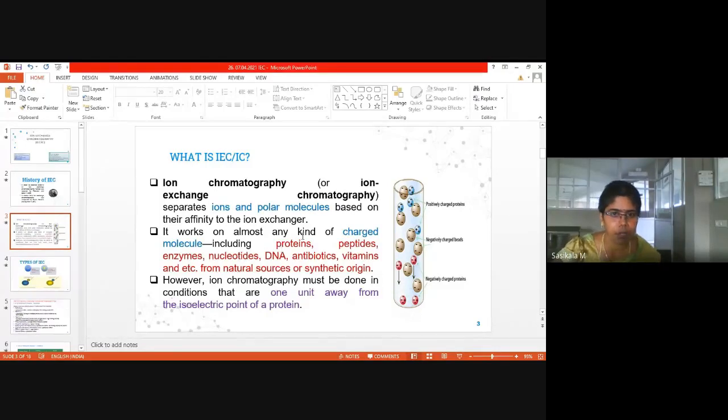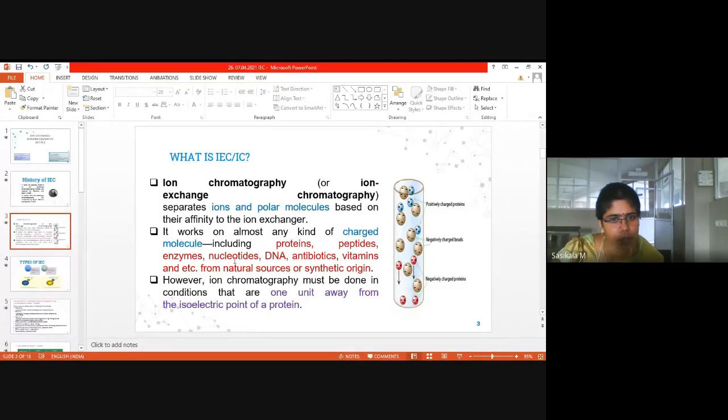What type of molecules can be separated by ion exchange chromatography? If the molecule exists as an ion itself, it can be separated, or polar molecules. What does it mean by polar molecules? What is the difference between polar and non-polar? This also we have discussed.